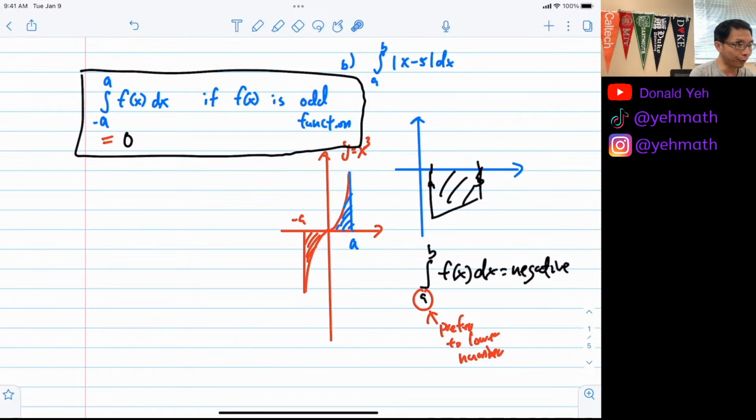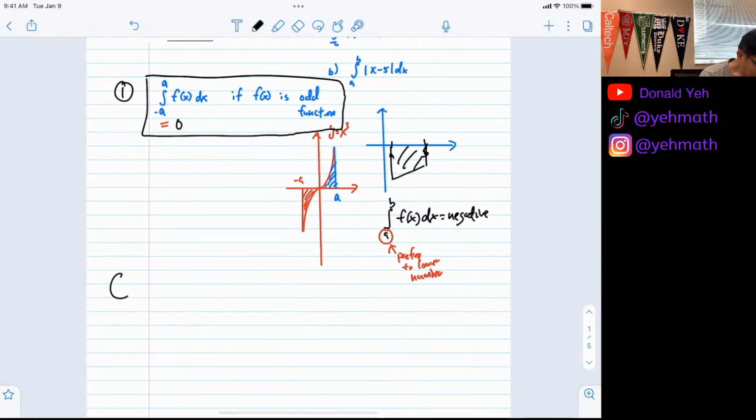So that is the first property that you need to know for the odd function. The second property you need to know is the integral between negative A to A of f of x dx, if this is an even function, so if f of x is even.